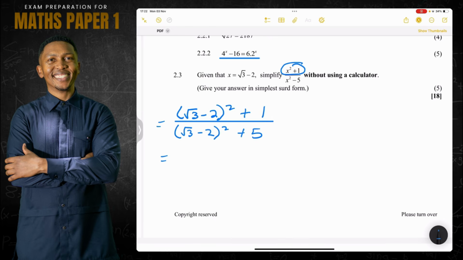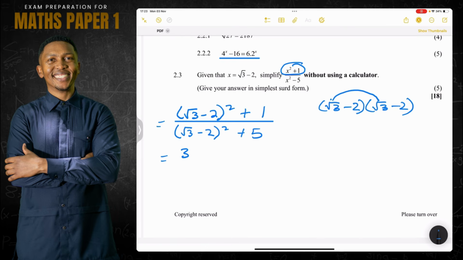Right, and I want you to note we are squaring in this case a surd, okay. We are squaring, so we've got root 3 minus 2 into another root 3 minus 2. Right, remember whenever you square, we're using the FOIL method first, outer, inner, and the last. Okay, so that's root 3 times root 3, which will give me 3, right?